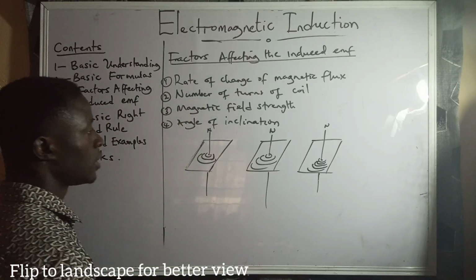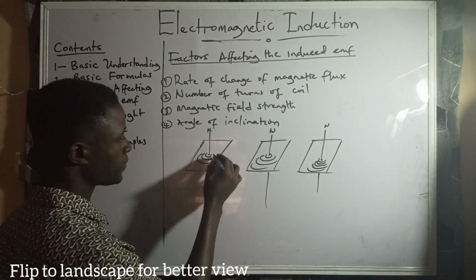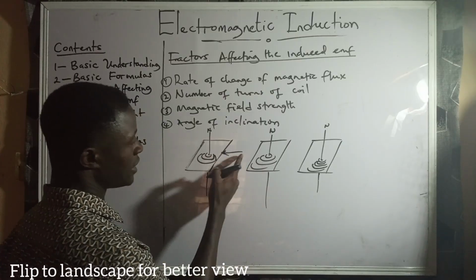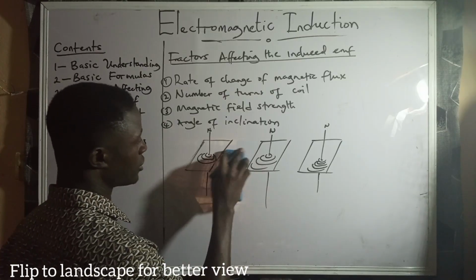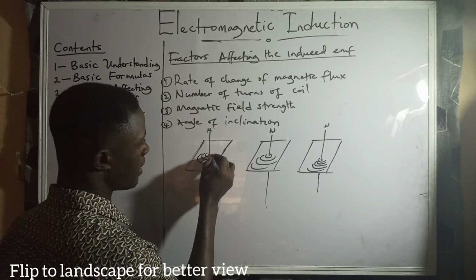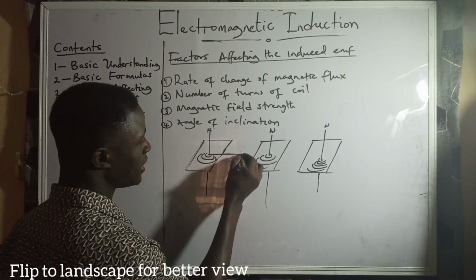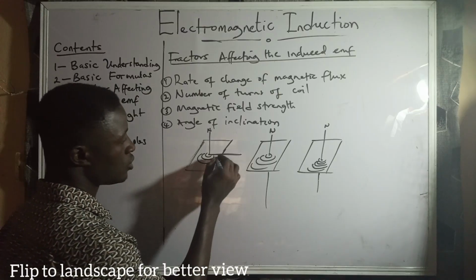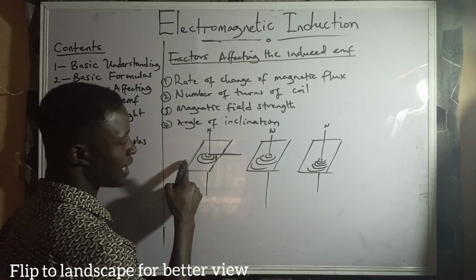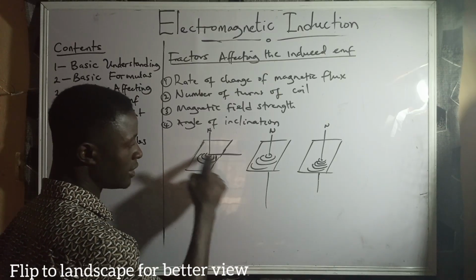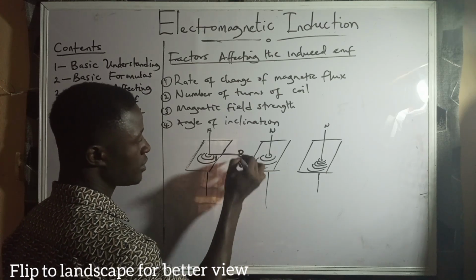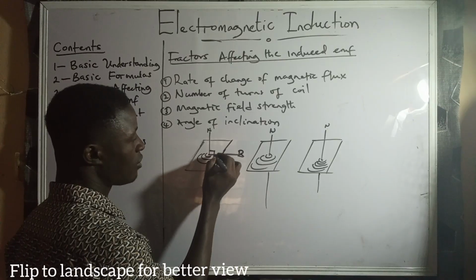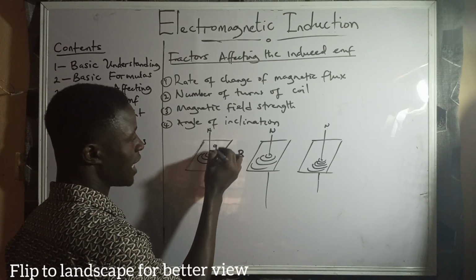So now if our magnet is coming in this direction, if our bar magnet, this is B, is inclined parallel to the coil of wire, this is how the coil of wire is, like this, then the angle between them will be 90 degrees.